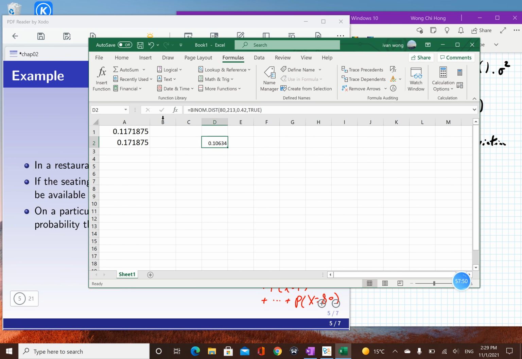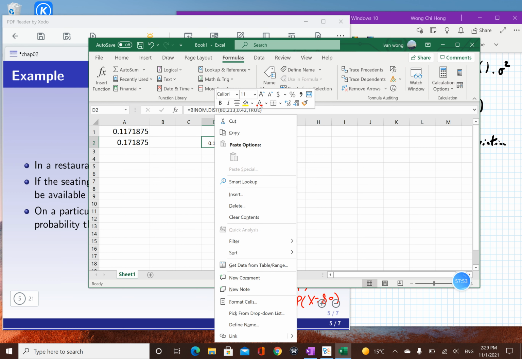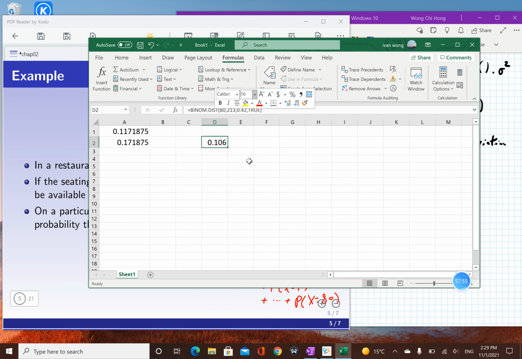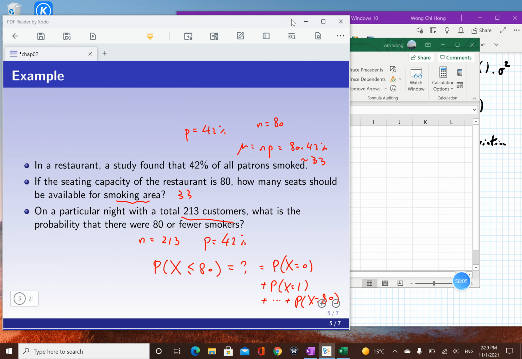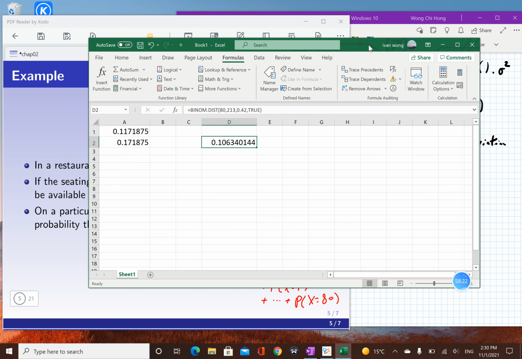So I can have my probability given by 10.6%. You can't get this just by looking up these tables, because they don't give n as large as 200. But Excel can certainly help you work out these numbers easily.